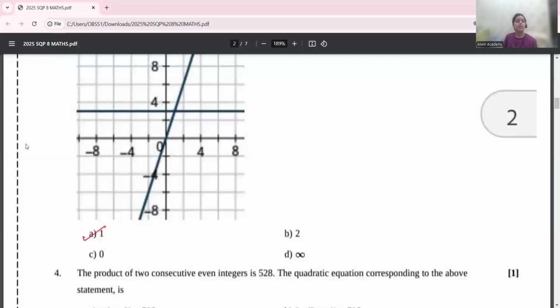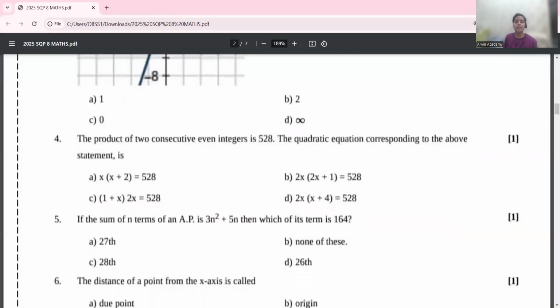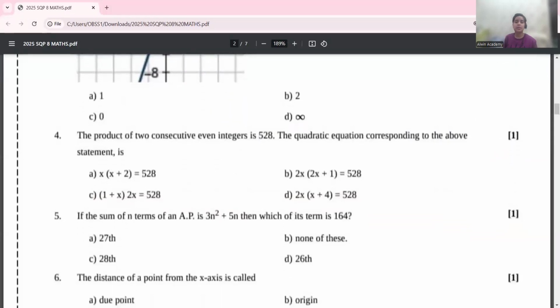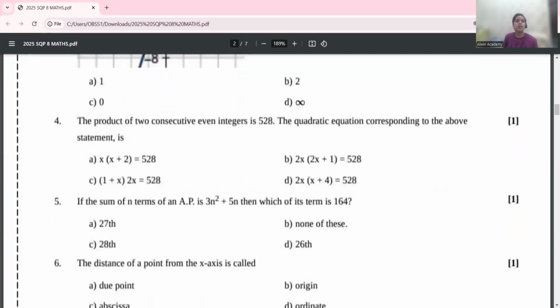Going to the next question, the product of two consecutive even integers is 528. The quadratic equation corresponding to the above statement is. Now, when we let two consecutive even integers, we let the first one to be 2x and the second one to be 2x plus 2. So this question says we multiply them and we get 528.